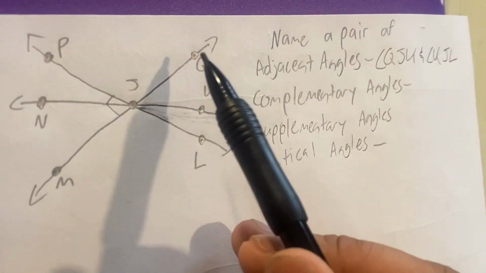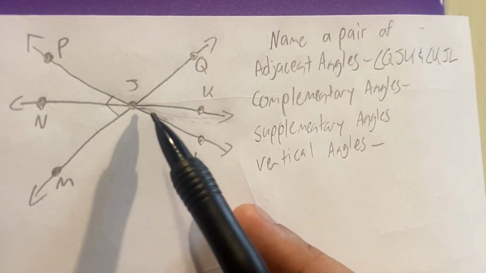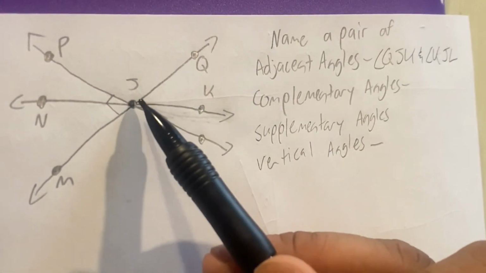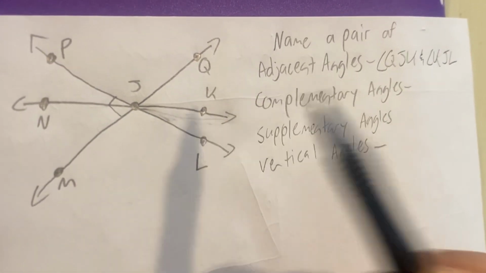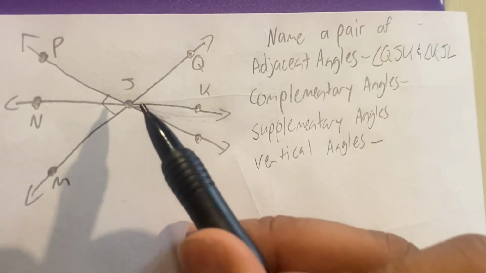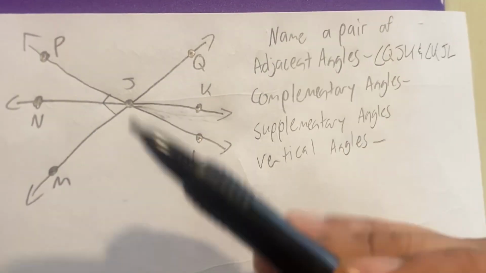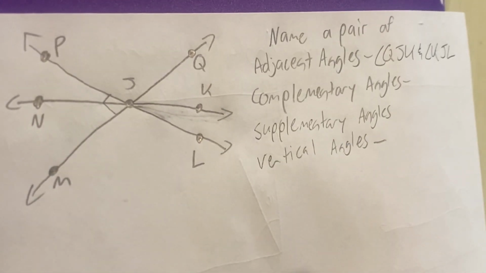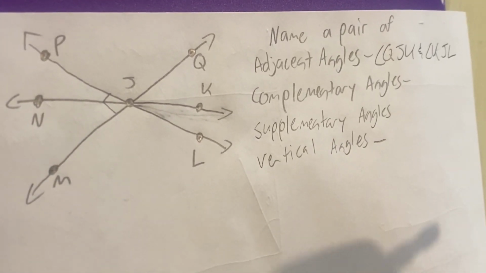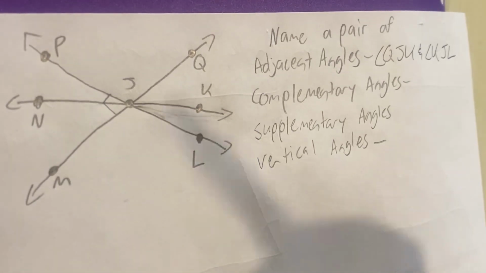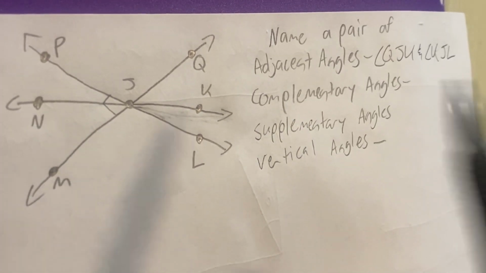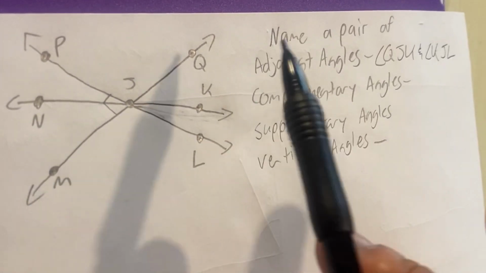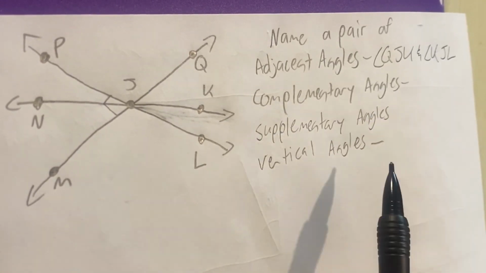What I'm doing is I'm seeing what ties both of these by the middle. So QJK because J is in the middle, and it's also KJL because J is in the middle. So watch the way that you're writing these angles. If you were to put the wrong angle sequence on your state test, you would get the answers wrong. Mr. Smith, I'll probably give a half point because I see where your mind is at, but still make sure you pay attention to the way you're writing these angle names down.